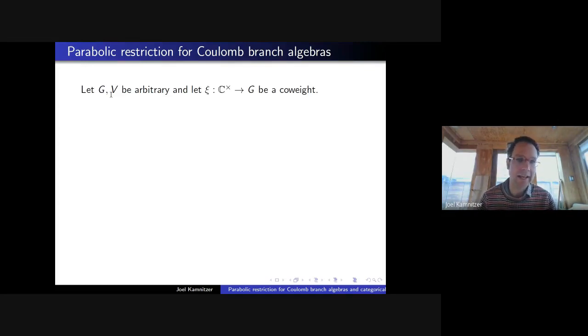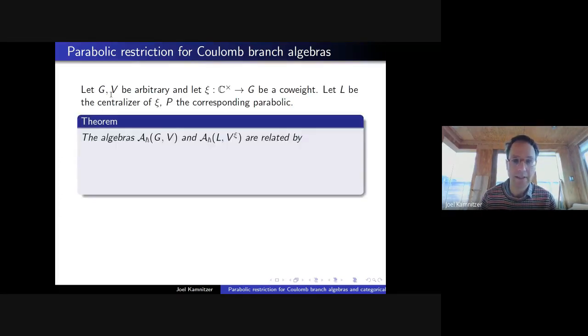And I'm going to add one more piece of data, which is just a choice of map from C star into G. And we may as well assume that this lands inside the maximal torus of G. And let L be the centralizer of this image of C star. So it's a Levi subgroup, and P be the corresponding parabolic subgroup. In other words, P is the subgroup whose Lie algebra consists of those non-negative weight spaces for the action of the C star on the Lie algebra of G.